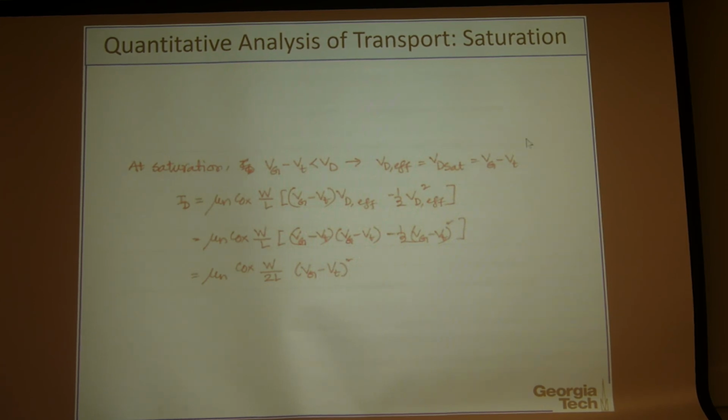So if you plug in this condition, this Vd sat equals Vg minus Vt, into the previous equation, so let's say you get this Vd sat.